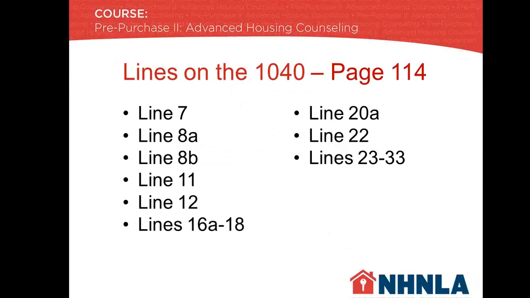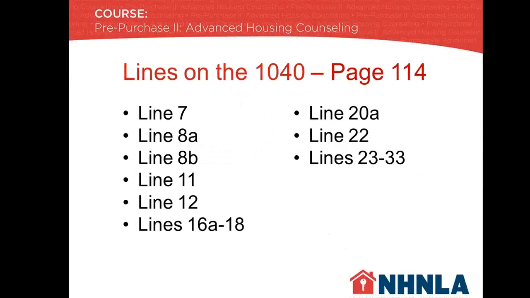Line 11 is alimony and may be used as income depending on the time remaining on the agreement. Line 12 addresses business income and loss from Schedule C, which is actually what you do use to derive the client's income. You will not use line 12 as the income figure because certain deductions can be added back in.